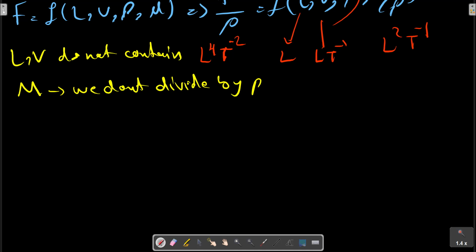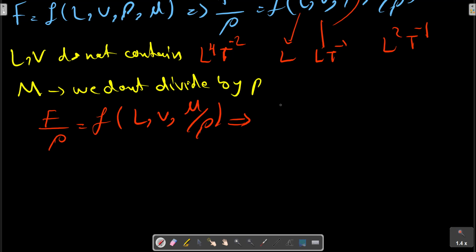In the next step, we have this relation, a function of L, V, and mu over rho. Dividing by V, for example, in the next step we have this relation, F over rho V^2, a function of L, V, and mu over rho V.